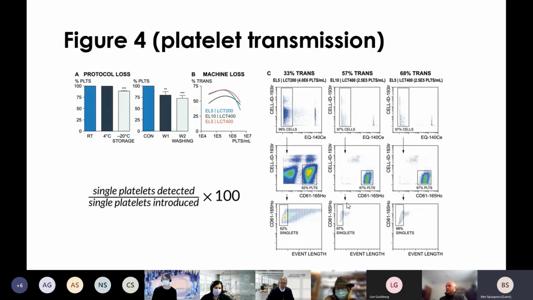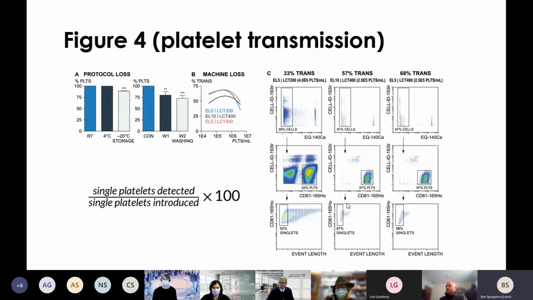And the FCS files were exported with different settings for event length or minimum event duration and lower convolution threshold. And we calculated the cell transmission efficiency across all of these different samples and settings using the formula that's displayed on the screen.